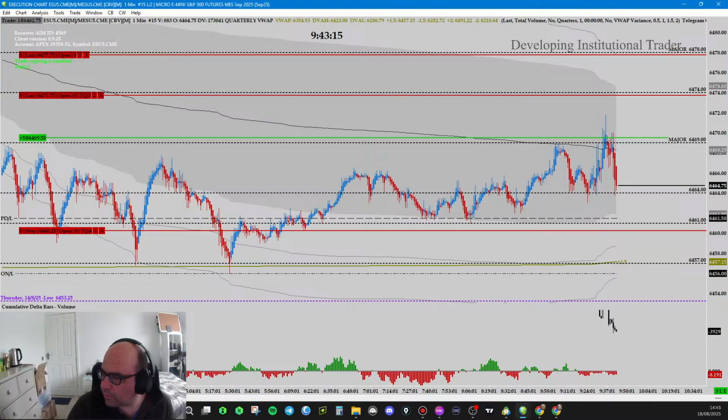There is big pressure to break it, but it seems that the DVA low and the monthly and everything holds.